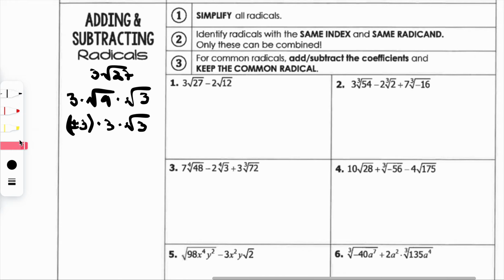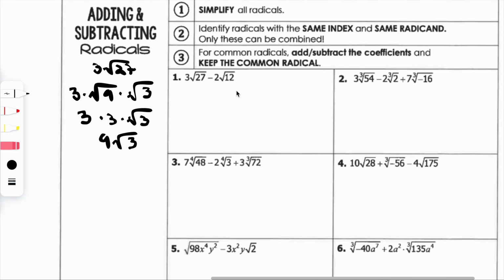We would assume, since this is an expression, that it's equal to 3. That's an important note. So we would have 3 times 3 times the square root of 3.